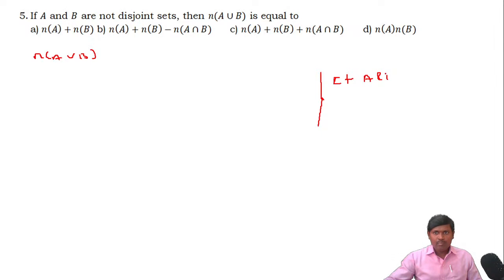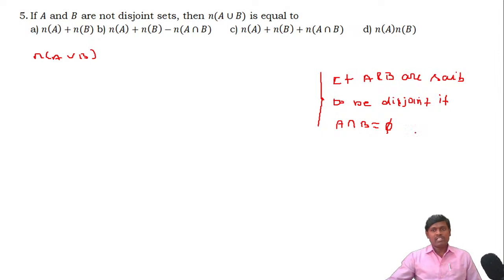A and B are said to be disjoint if A intersection B is equal to the null set. Then they are disjoint. So n of A intersection B, the number of elements in A intersection B, is 0.